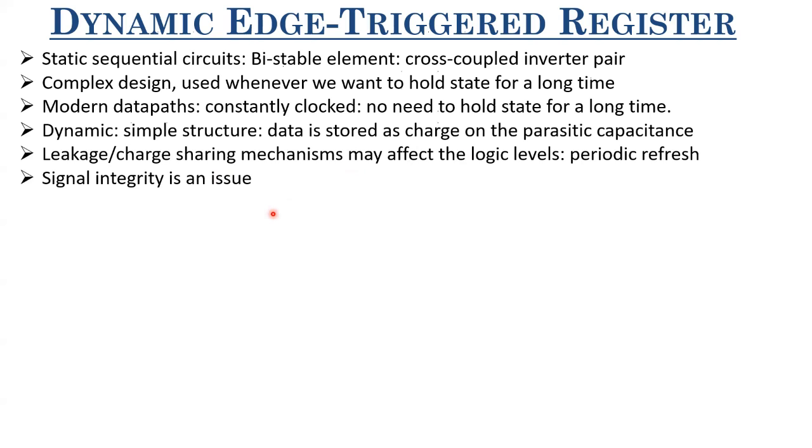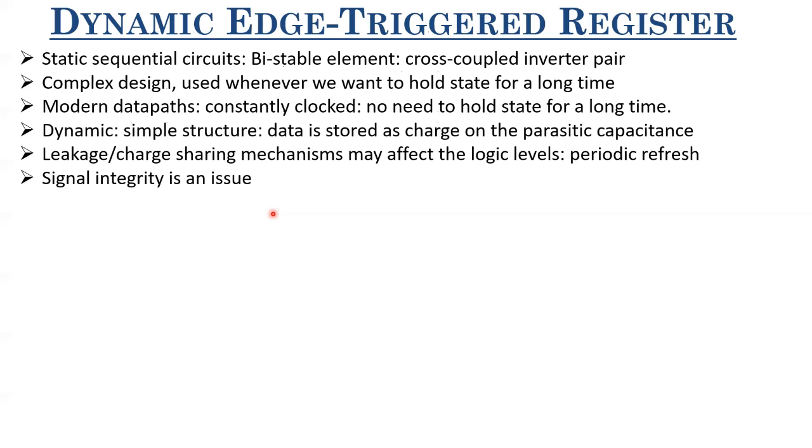Also, it's not only important to hold the charges at a particular parasitic capacitance, but it's also important to read it. Reading is also a tricky process. Reading an output from this dynamic edge-triggered register or any dynamic circuit is tricky, because reading simply means extracting some amount of current and generating some voltage.